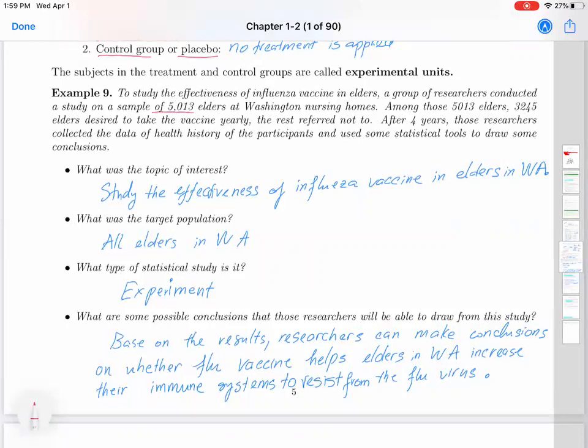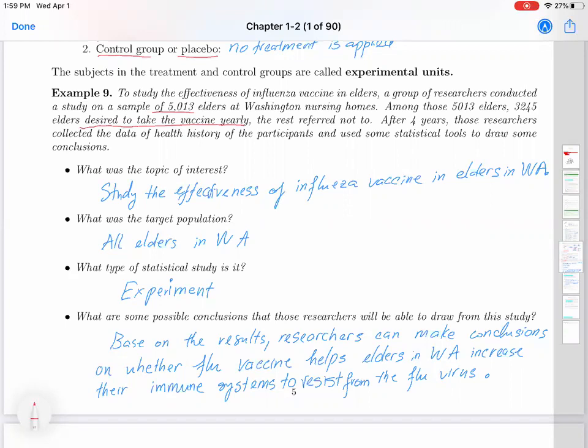Among those 5,013 elders, 3,145 elders desired to take the vaccine yearly, and the rest prefer not to. After 4 years, those researchers collected the data of health history of the participants and used some statistical tools to draw some conclusions.